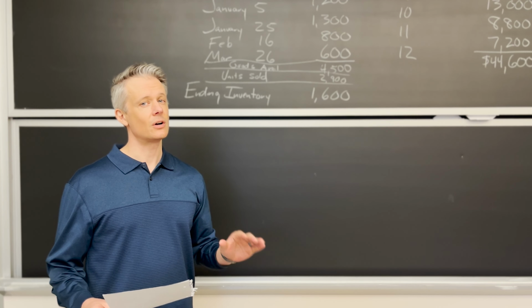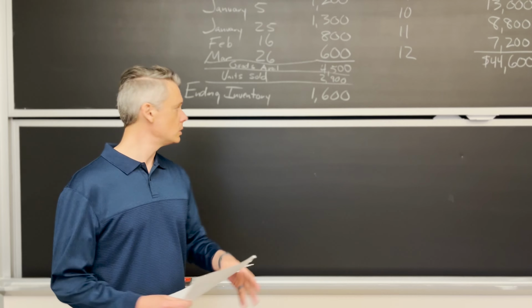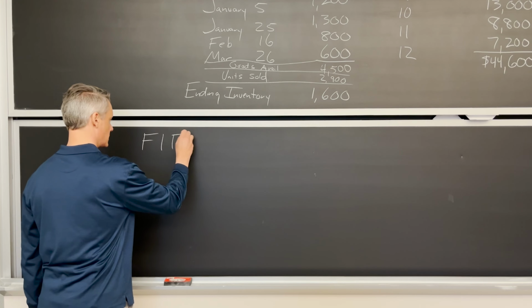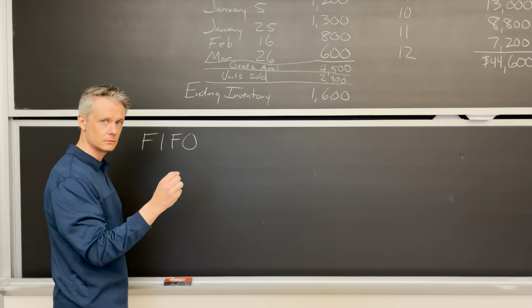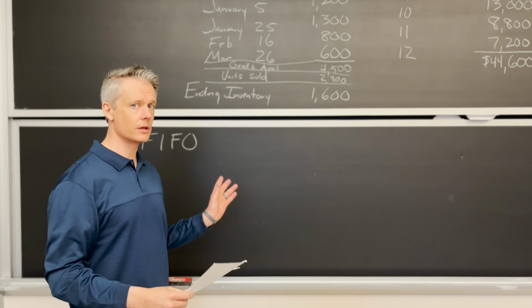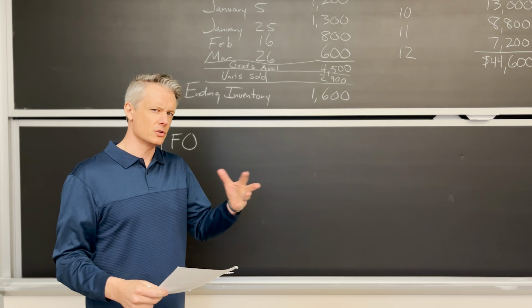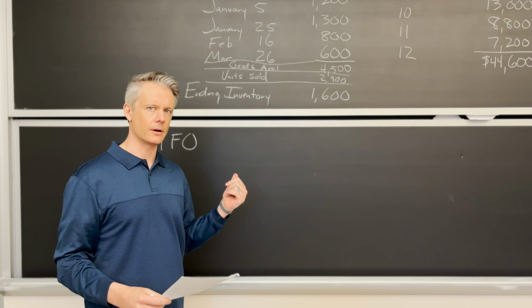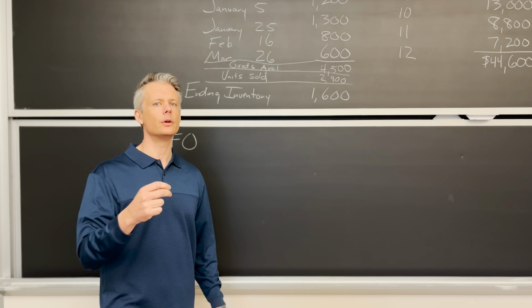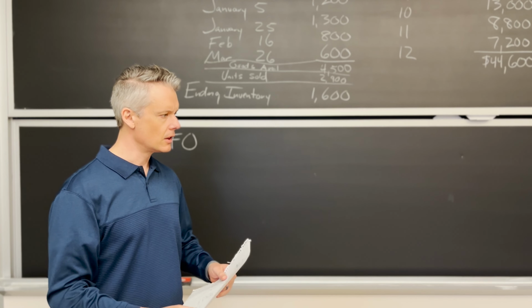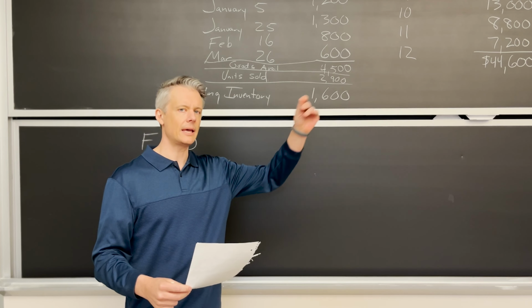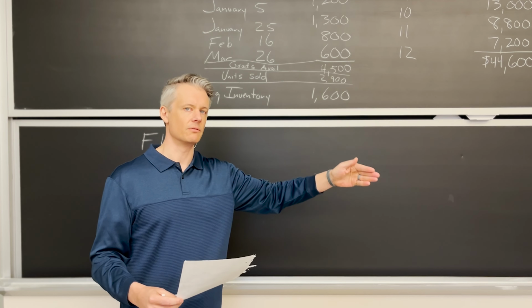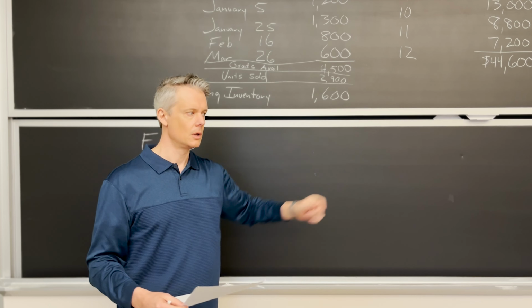So let's start this off with FIFO. First in, first out. In other words, under this assumption, which kind of mirrors the physical flow of inventory. But if we choose this for accounting purposes, we are going to assume that the first inventory in, or the oldest inventory, is the first inventory we sell.